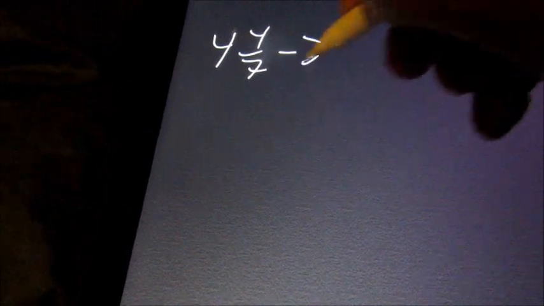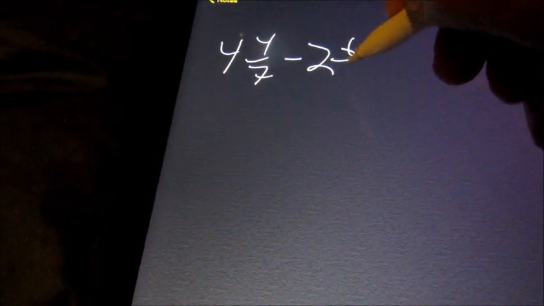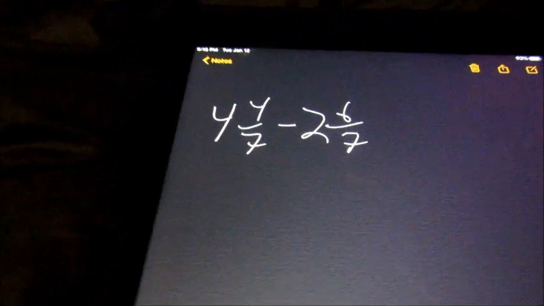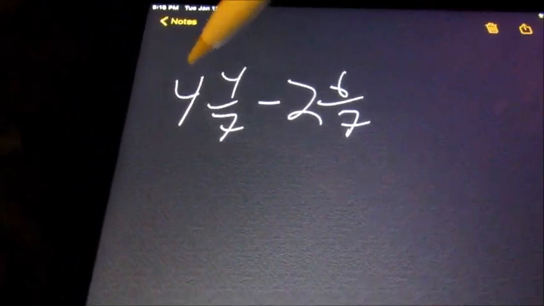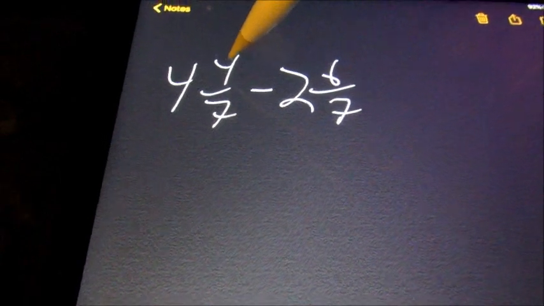Next, I have 4 and 4/7 minus 2 and 6/7. So this time, the fraction with the larger whole number has a smaller numerator.